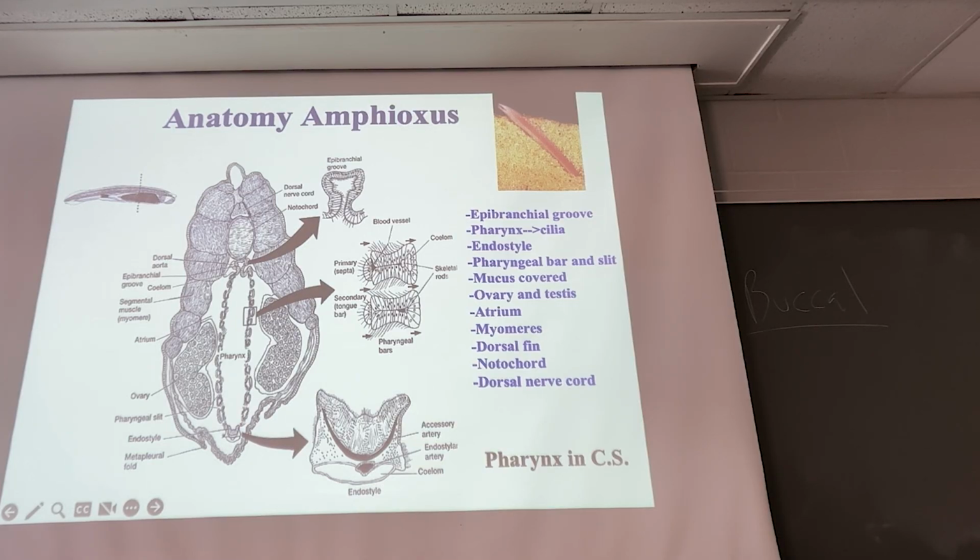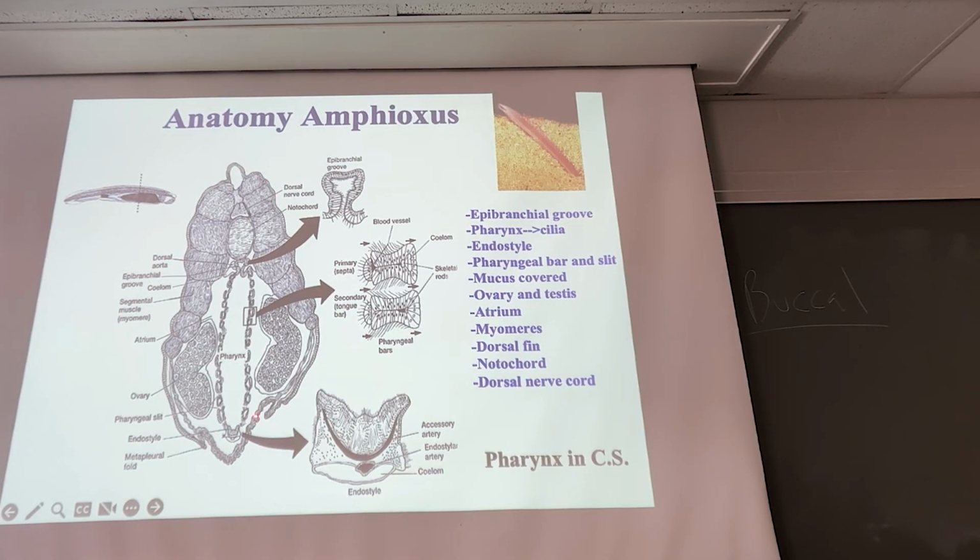When you look at the pharynx in cross section, you can start to see the structures we talked about. Here's a blow up of the endostyle, which is ventrally located or on the floor of the pharynx. And here's that other groove on top that's on the roof or the dorsal side of the pharynx. And this has a name. It's called epibranchial groove, above branchia, the gills, or above the pharynx.